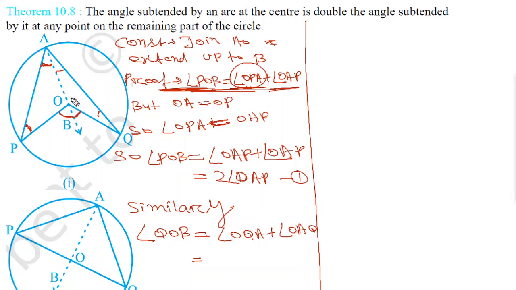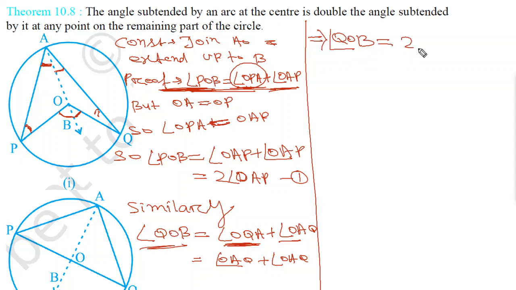Okay, so OA equal to OQ, therefore these two angles must be equal. So it will be equal to, instead of OQA we will write OAQ plus angle OAQ implies angle QOB will be equal to 2 into angle OAQ. Write it as statement 2.